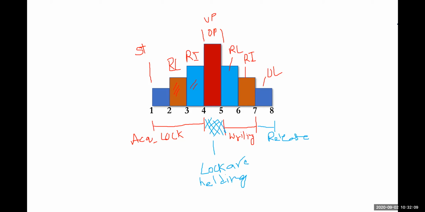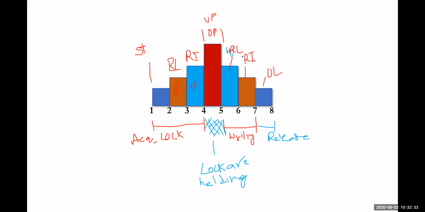So simply speaking, after starting your transaction, read locks are taken into consideration, followed by read items, then the actual operation is done by you, followed by write locks. Actually this is W, I'm very sorry.